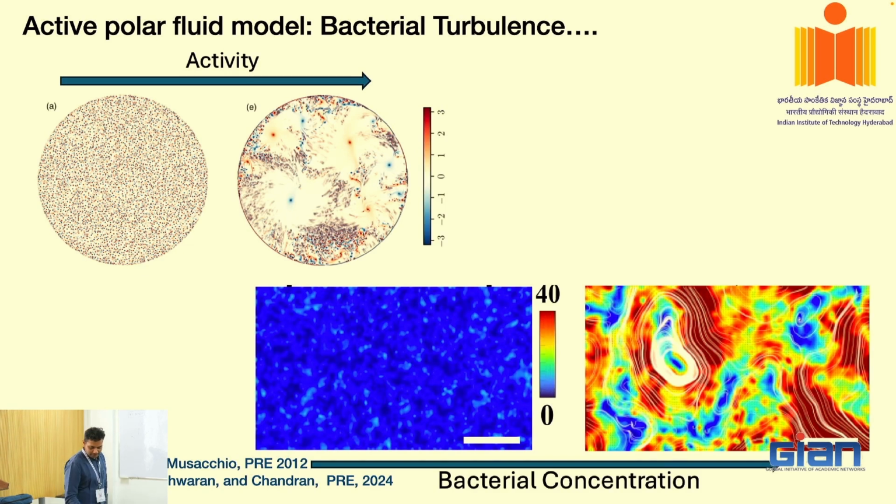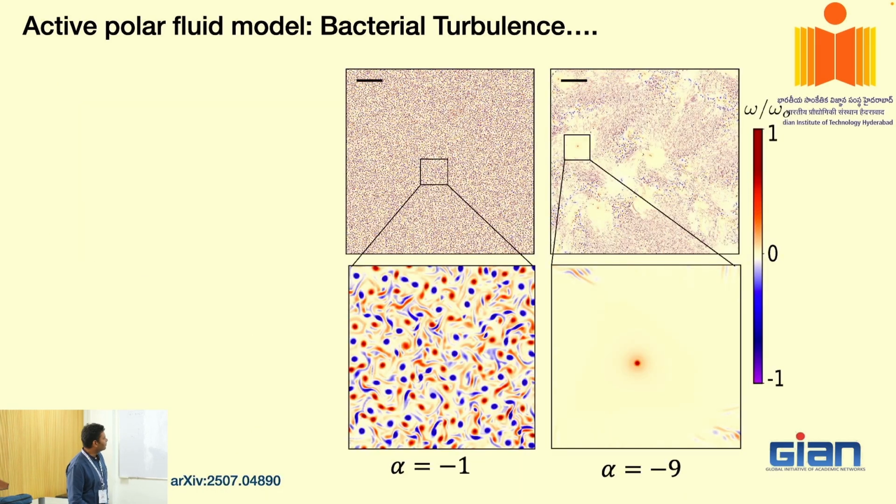Okay, fine. So what has been done by Kirti is that she took the same equations and tried to increase activity, and she has done a really high resolution simulation. If you zoom in, this is the case when your activity is small, where alpha is -1.